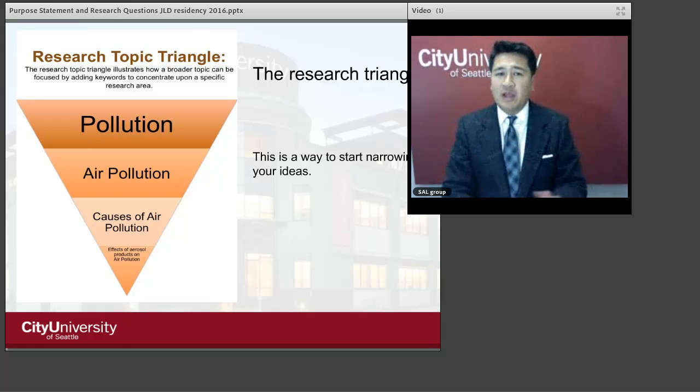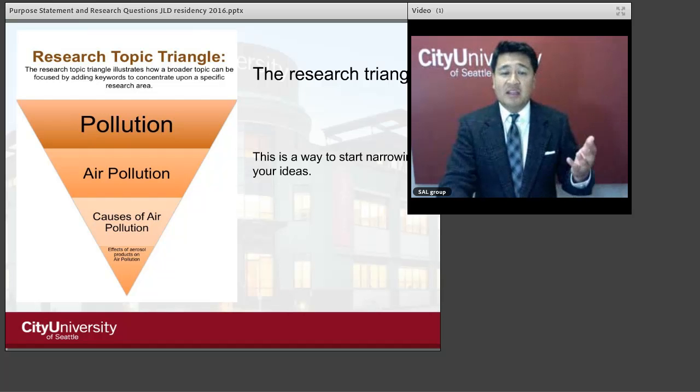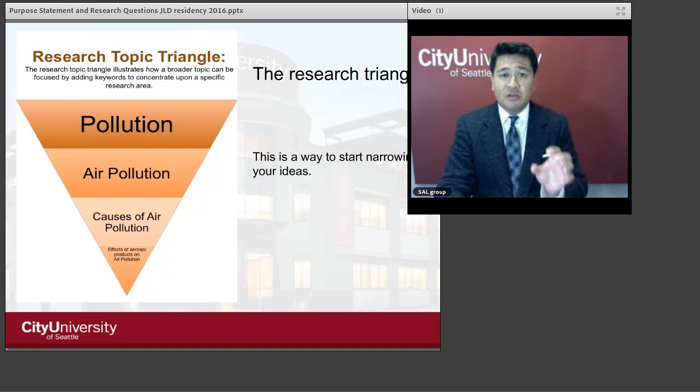Still too big, way too broad. Let's look at maybe the effects of aerosol products on air pollution. Now we're getting more specific. Of all the different causes of air pollution, let's explore the effects of aerosol products on air pollution. So narrow down your topic.